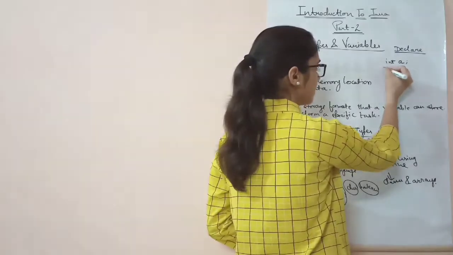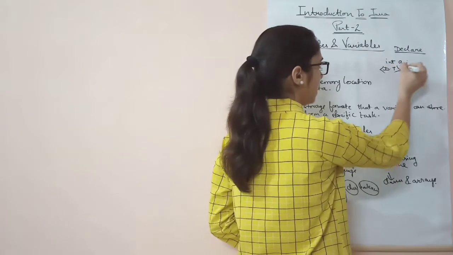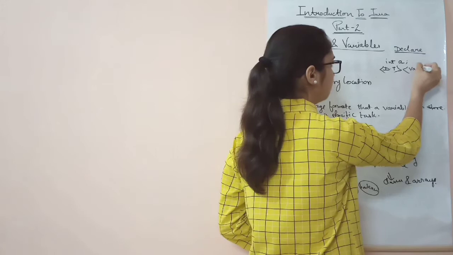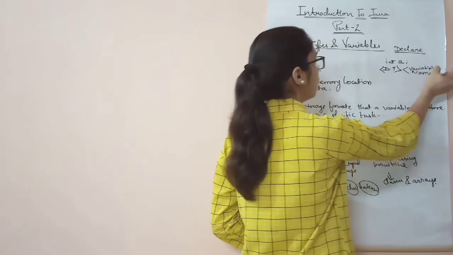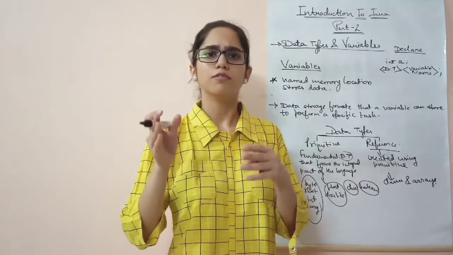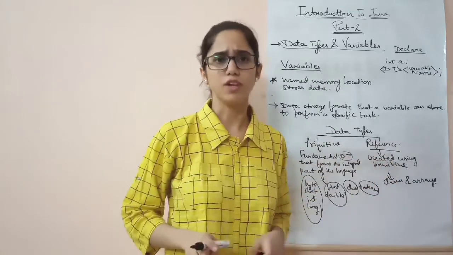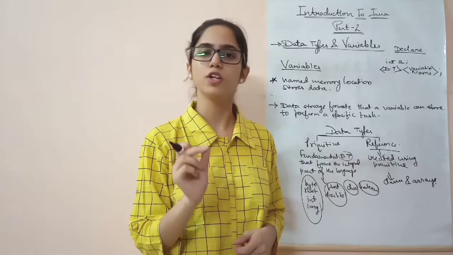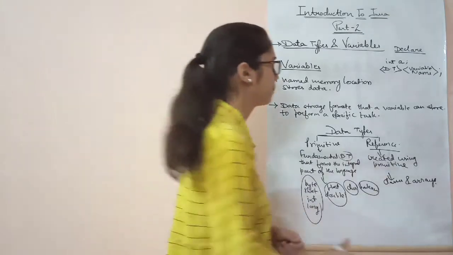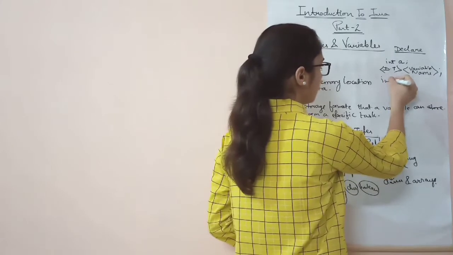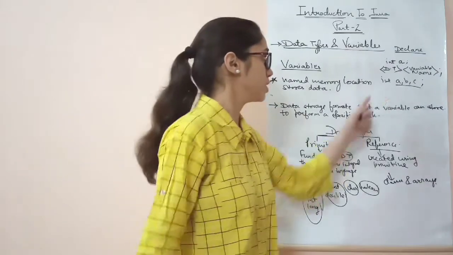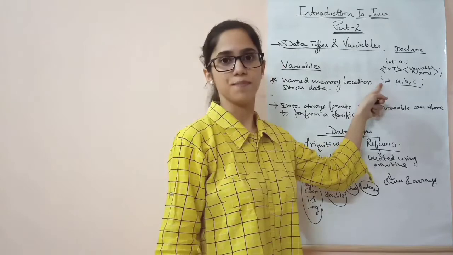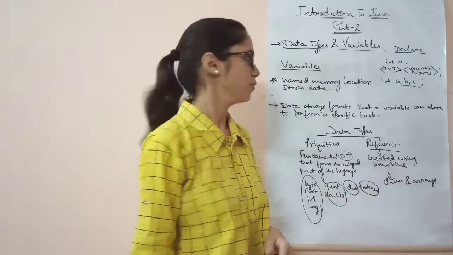So the syntax is data type and the variable name. Now if we want to declare 4, 5 or any number of variables of the same data type, we can do so by using comma. Like int a, b, c, all these 3 variables are of type int. So we can declare in this way also.